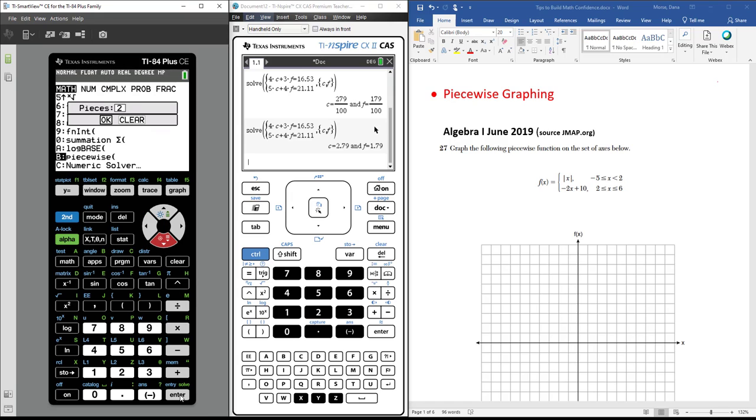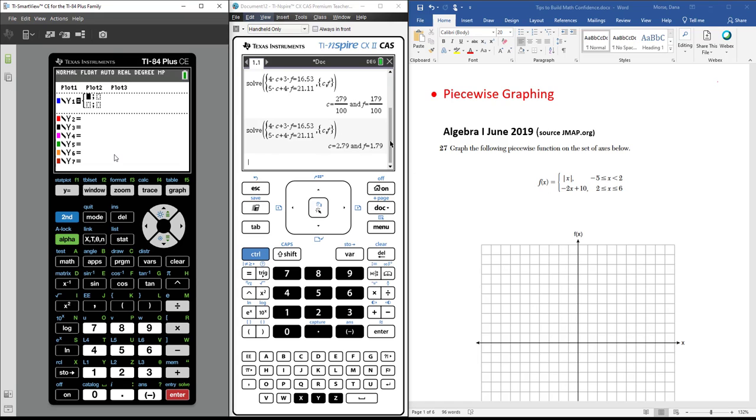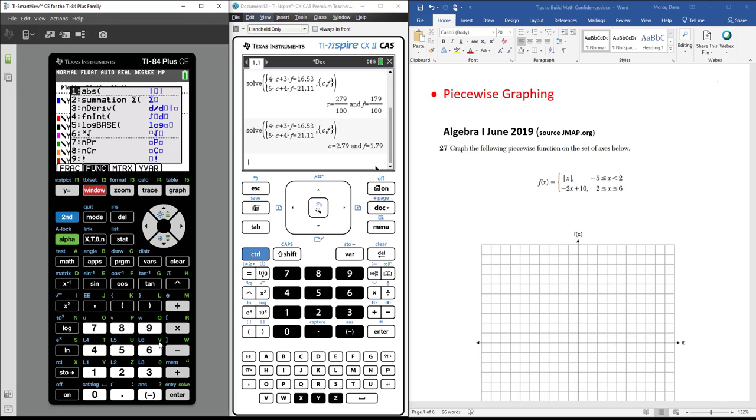I'll select OK. That template matches right up. The fact that it looks like it is going to help students. I need the absolute value of x. Alpha window, absolute value, x.